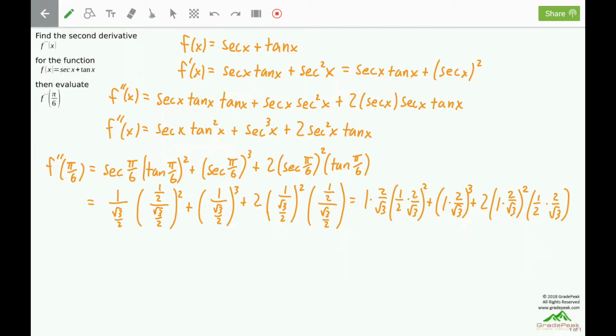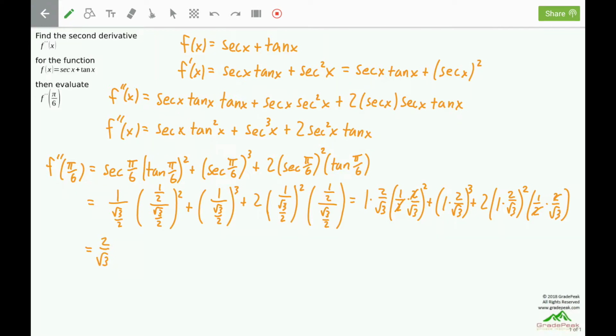Now we will want to simplify wherever we can. The 1 over 2 times 2 over root 3, these 2's can cancel here, and likewise for this one at the end, the 2's can cancel. We have 1 in the numerator, 1 in the denominator. So now we should be able to simplify the look. For this first term, we have a 1 times 2 over root 3, which is just 2 over root 3.